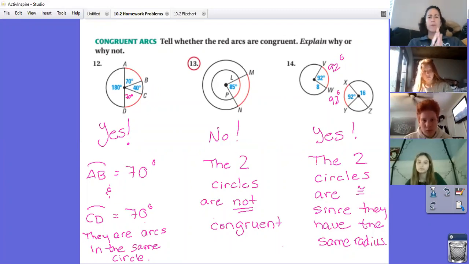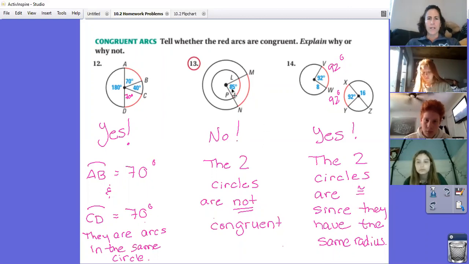Okay, so from your notes, there's a theorem about congruence. If you look at the little circle and the big circle, in order for two arcs to be congruent, they have to have the same measure, but they also have to come from congruent circles.